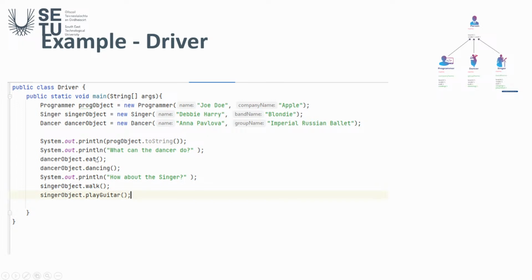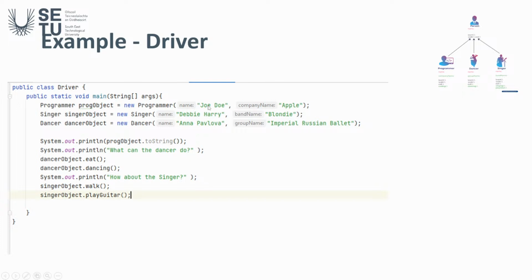Okay. And then we could create a programmer object, a singer object, and a dancer object. You can see for the programmer we pass it the name and the company name. For the singer we pass it the name and the band name. For the dancer we pass it the name and the group name.